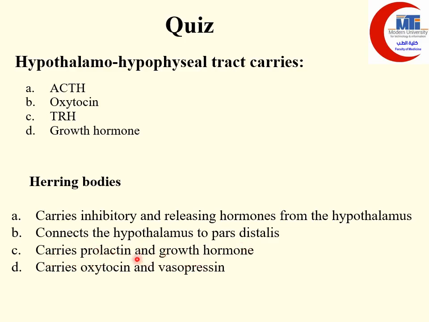These two hormones are secreted from the pars distalis. Carries oxytocin and vasopressin. Yes, this is the right answer, letter D, as the Herring bodies carry oxytocin and vasopressin, which are secreted from the nuclei in the hypothalamus.